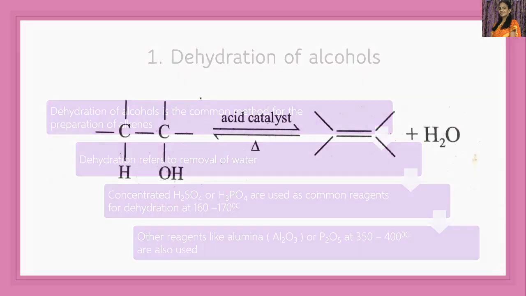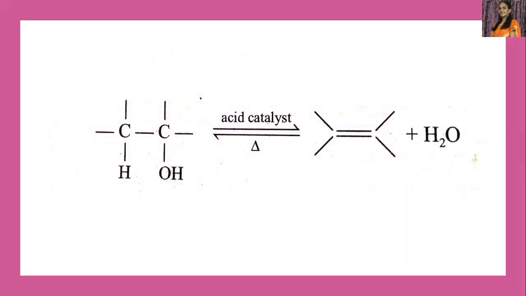Now let's see the general reaction, which represents the formation of alkenes from alcohols. Here, this is the alcohol, and on adjacent carbon atoms H and OH are present. With an acid catalyst, that is sulfuric acid or phosphoric acid, on heating to 160 to 170 degrees centigrade, H from one carbon and OH from the adjacent carbon are removed in the form of water by this acid catalyst.